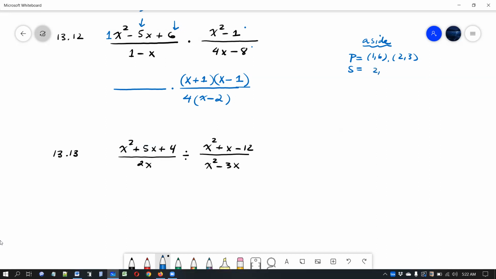So if I say 2, 3, in order to get a -5, both would have to be minus. Yes, that's correct. And then I gotta check to see if I multiply these two, I get back a +6. Yeah, I do. So this seems to be it.